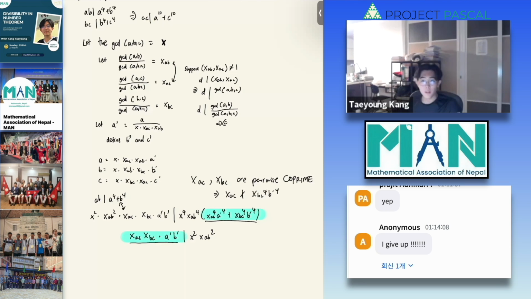So the left hand side cannot divide the bright blue stuff. And similarly, as we define, A' and B' are pairwise coprime.